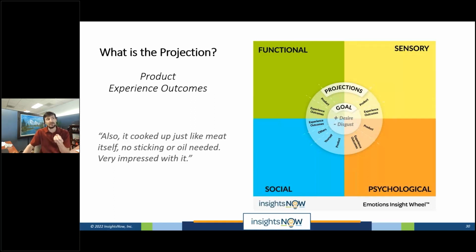He's talking about no oil being needed to cook. So he's talking about how this is changing his cooking process as a whole. So that's the experience, more the experience than it is just a specific aspect or characteristic of the product. So it's about how the product functions through the cooking process that is really driving his comment that he was really impressed with.